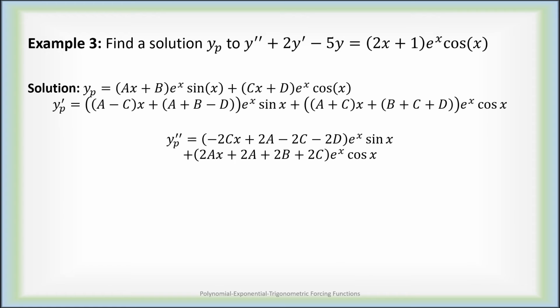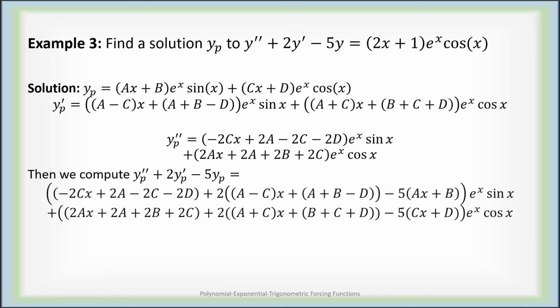So here was our proposed solution yp, its first derivative and its second derivative. We throw all of this into the differential equation, okay, and there it is. Once I group together all of my e to the x sine x's. By the way, what I don't recommend doing is actually writing all of this and then all of this with a 2 in front of it, and then all of this with a minus 5 and expanding.